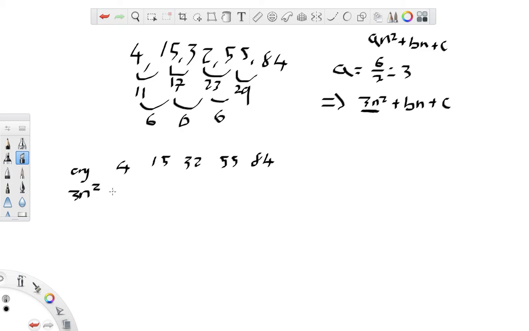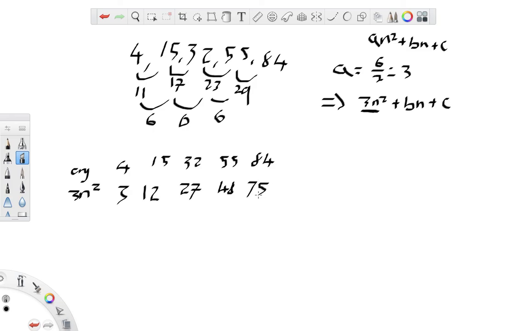So the first term of 3n squared, well, that is 3. The second term is 12. The third term is 27. The fourth term is 48. And then the fifth term, that's 75.